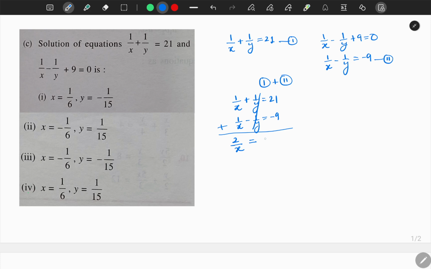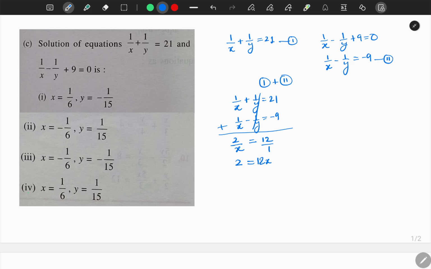When I do 21 minus 9, it gives me 12. Now there is no denominator for 12, so I'll write 1. Cross multiplication gives me 1 into 2 is 2 and 12 into x is 12x.